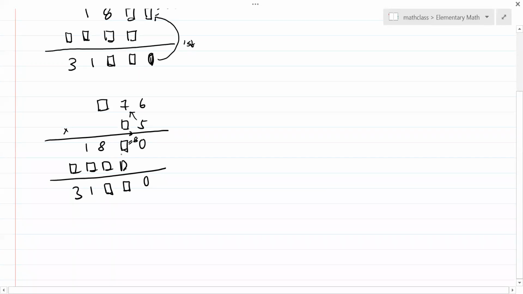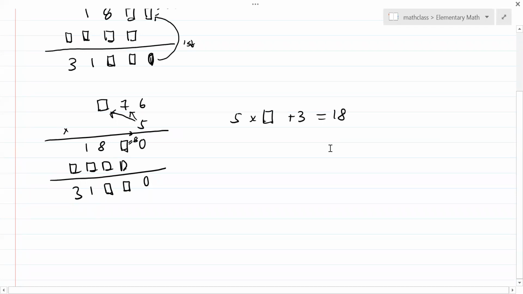Right? And 5 times 7 plus 3, so 38, then you do this product, right? So this number 5 times that number plus 3 should be equal to 3. Okay?